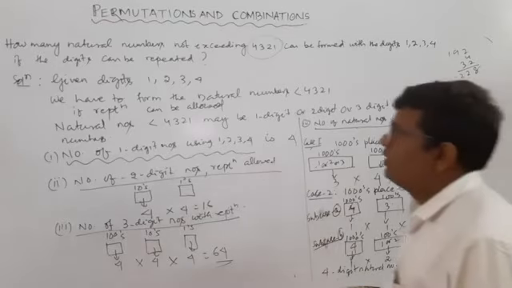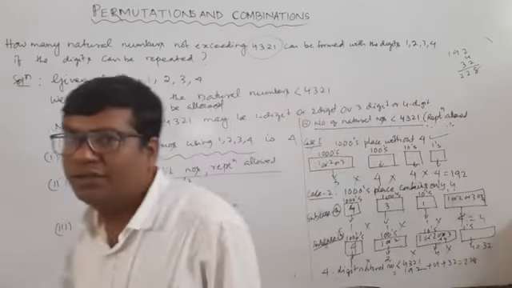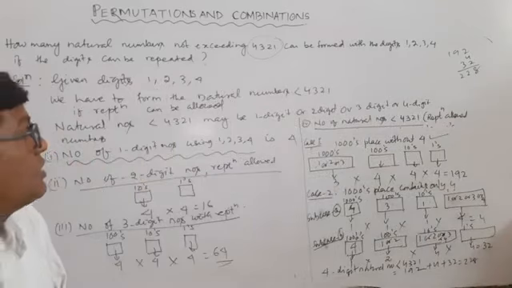Therefore, the natural numbers less than 4321 are 228.